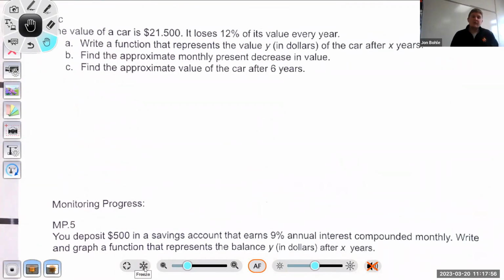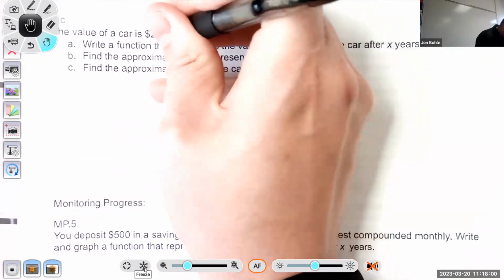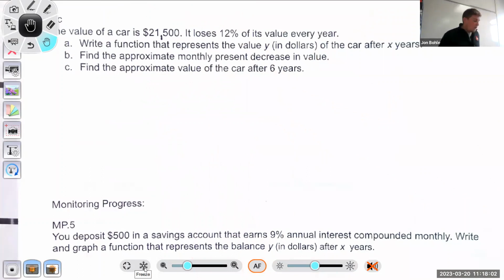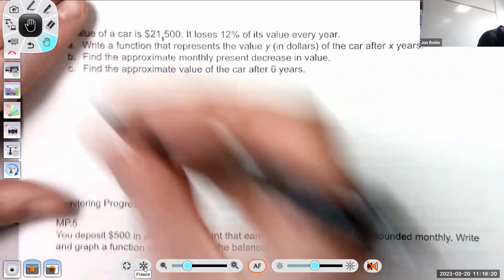Okay, the value of a car is $21,500. It loses 12% of its value every year. Okay, just one more to go, folks. We're going to write a function that represents the value in dollars of the car after X years. Growth or decay? Decay, because it loses value.